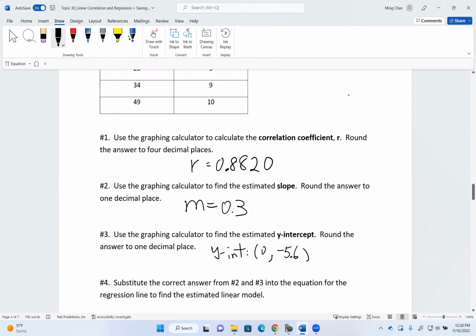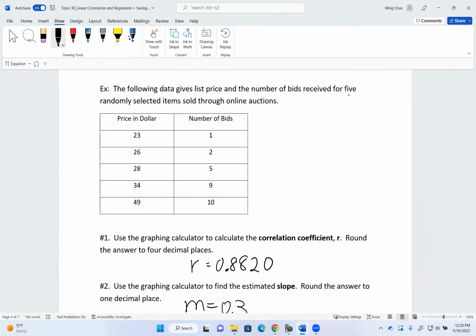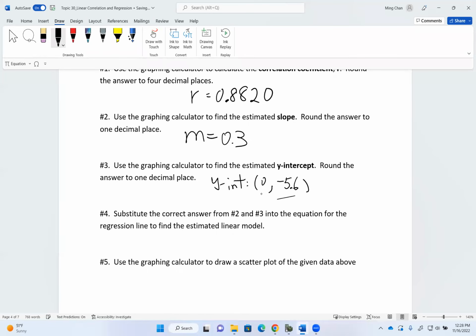That's kind of impossible, right? You cannot have negative bids. In an application problem like this, if there's no dollar, then there's no bid, so basically your line should start around the origin. But based on the data we collected, this is the estimated y-intercept.